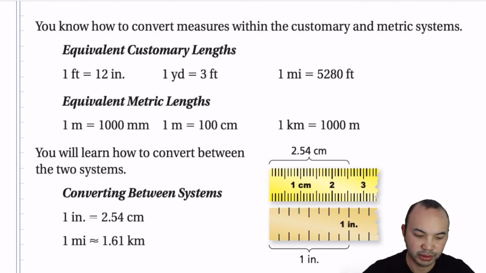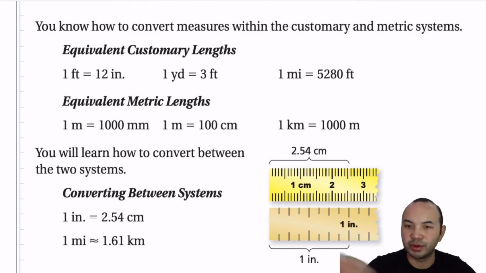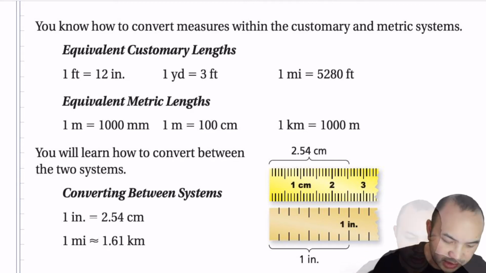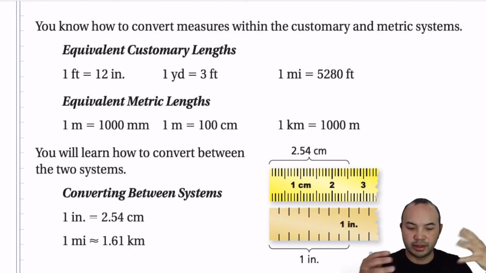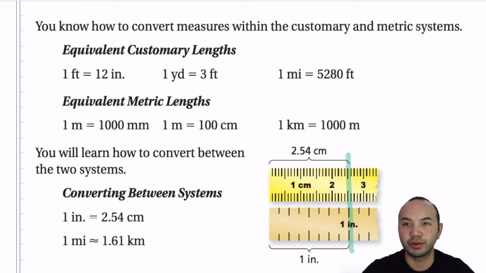Now you're going to learn how to convert between the two systems. You already know how to convert, like, 2 yards is how many feet? 6 feet, right? But now we're going between the two different systems, so you have to know what the conversion is. 1 inch is actually about 2.54 centimeters.